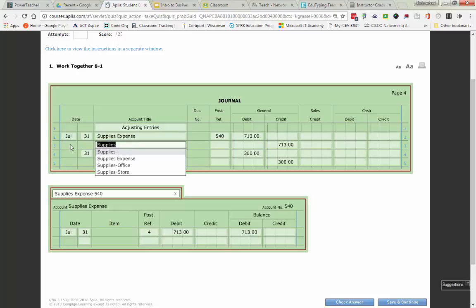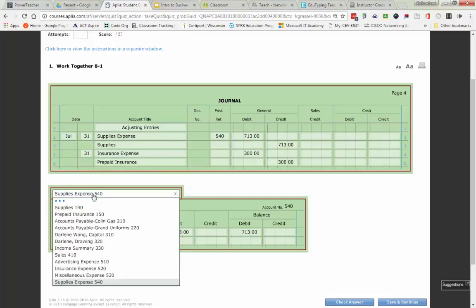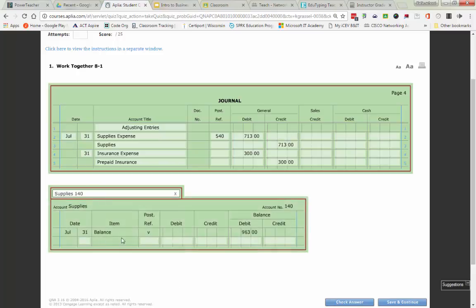Line 3, the account title says supplies, so I'm going to find my supplies ledger. My supplies ledger already has a balance in there, so I have to go on the second line here, put the date of the 31st. My post reference is still 4 because I'm posting from page 4 of my journal. Supplies is being credited for $713, so I have to go to the credit column and I'm going to credit for $713.